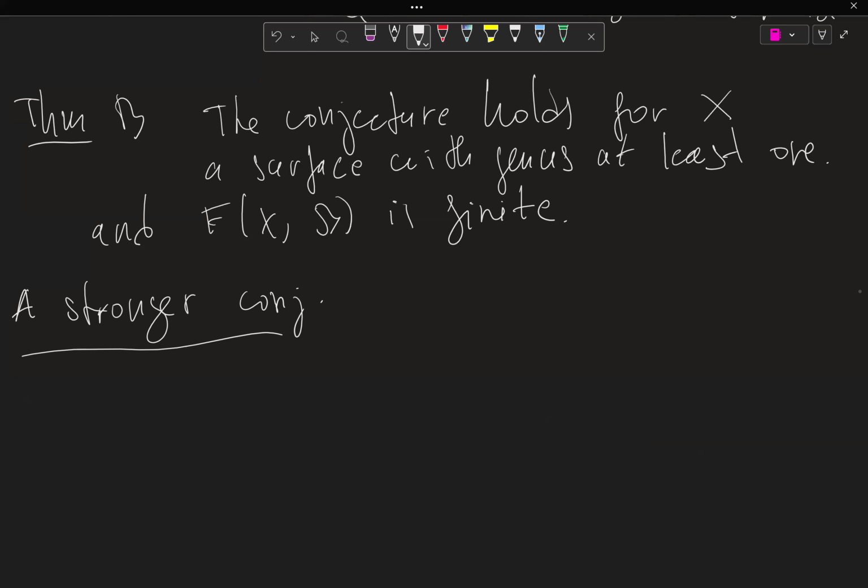So let me first introduce this notion of geodesic sky catastrophes.